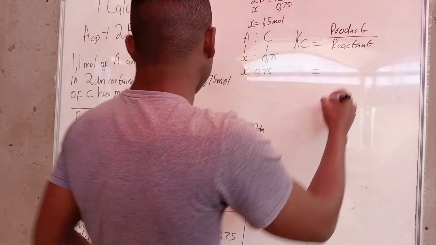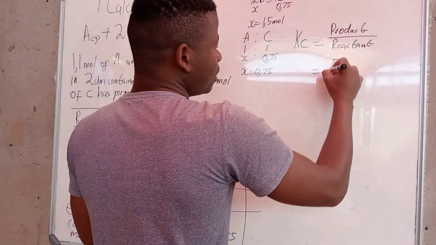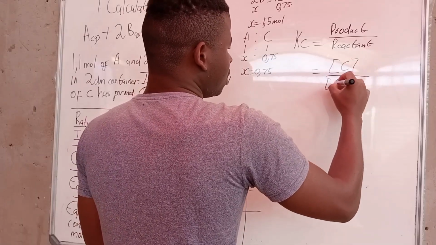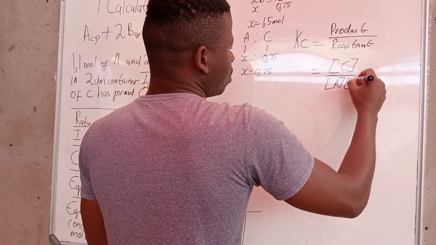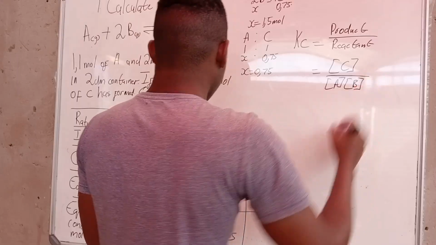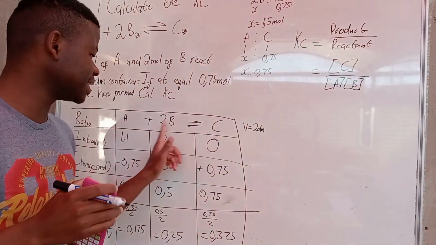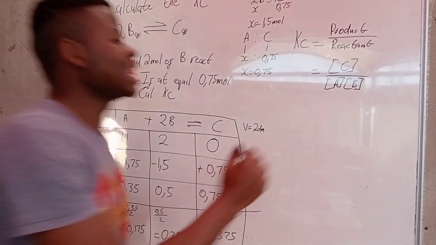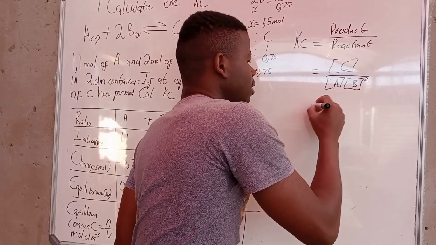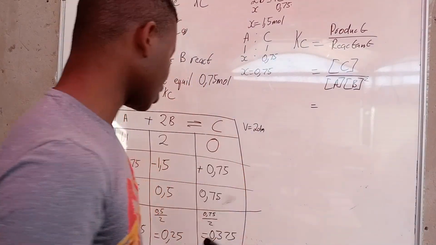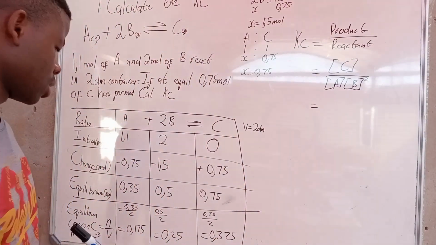Which is going to be C over A, B, and then listen to this. The coefficients here are going to be the exponents. Therefore, I substitute my concentrations.